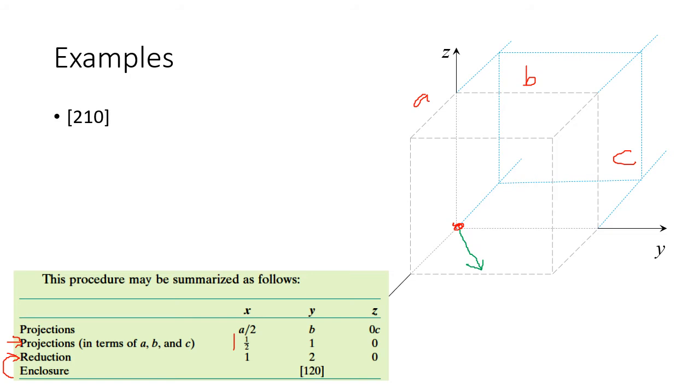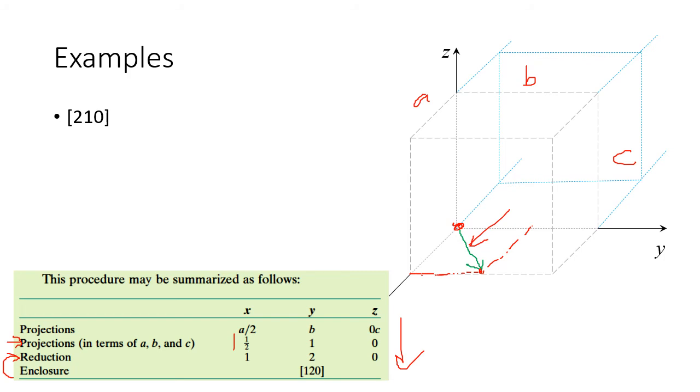Let us say that this is now a given direction and we have been asked to find out its indices. To find out its indices, again we will now follow this procedure in the correct order, the same sequence of steps as given from top to bottom in this table. Okay. So first is projection. So let me draw the projection of that direction. So this is the tip of the direction. So I am drawing projection on x-axis and y-axis.